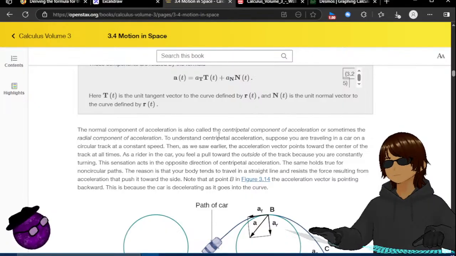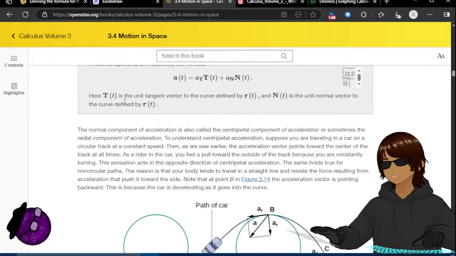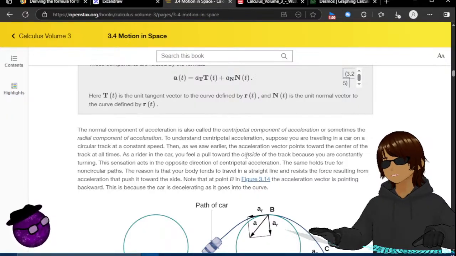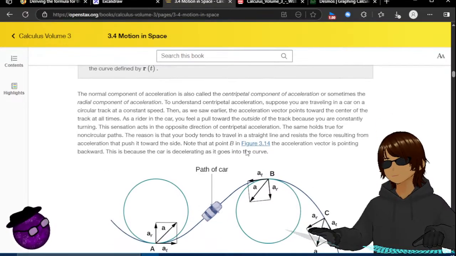To understand centripetal acceleration, suppose you are traveling in a car on a circular track at a constant speed. Then, as we saw earlier, the acceleration vector points towards the center of the track at all times. As a rider in the car, you feel a pull towards the outside of the track because you are constantly turning.